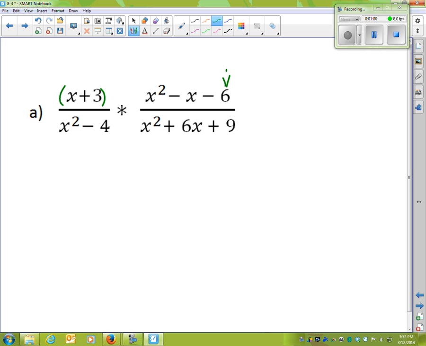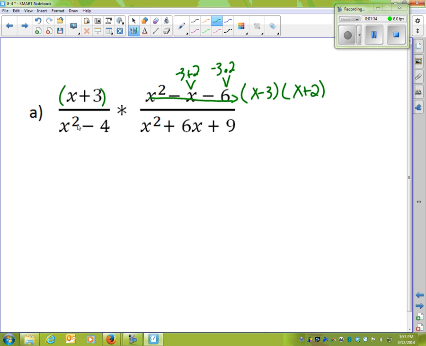What multiplies to give me negative 6 and adds to give me negative 1? I'm going to do negative 3 times 2. Negative 3 plus 2 gives me my negative 1. So this trinomial factors into x minus 3 times x plus 2.